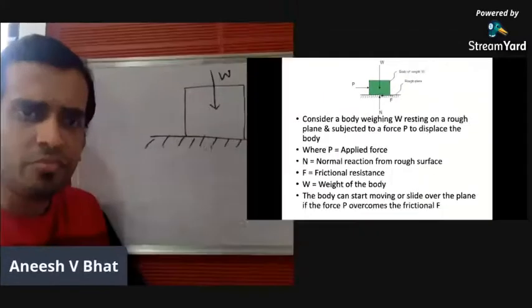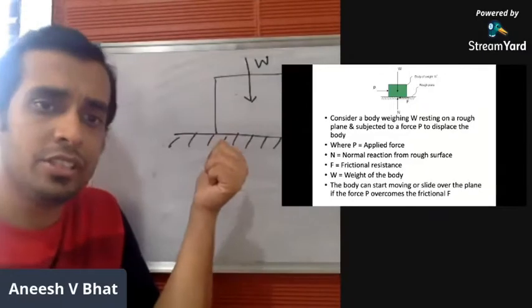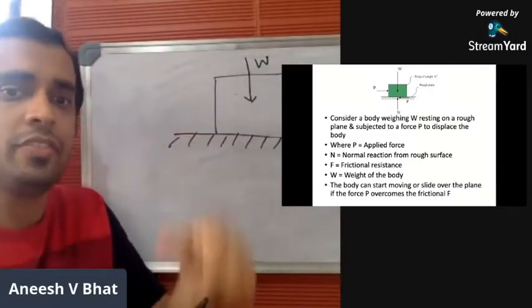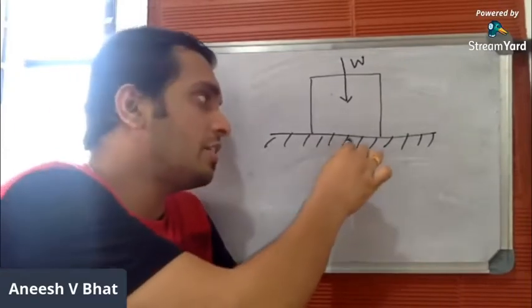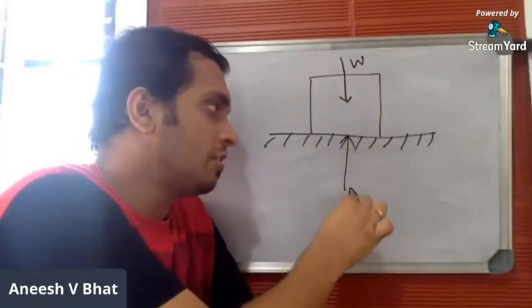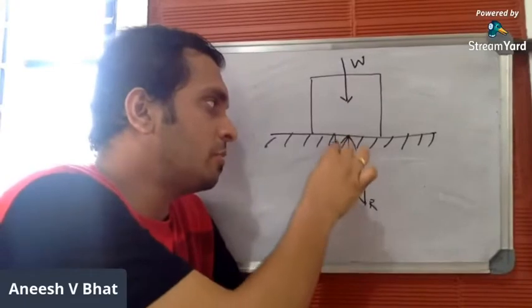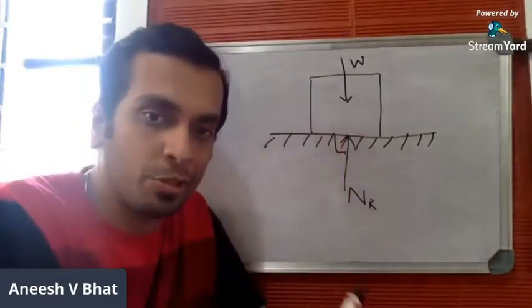Whenever a body is in contact with the surface, the surface offers a reaction, and that reaction will be the normal reaction. The normal reaction will always be perpendicular to the surface.